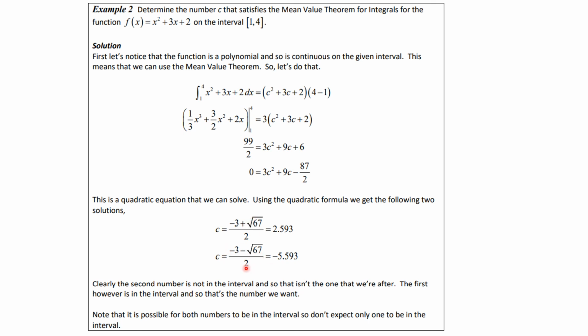But we're looking for the one that is in the interval from 1 to 4, and so only the top one is there. And again, realize that I will be asking you for exact values, which involve the square root of 67. Now this one is not in the interval, so that's not the one we're looking for, and so this is the answer. It would be possible for there to be more than one. What the theorem guarantees is there is at least one.